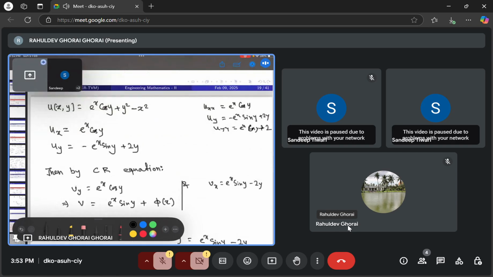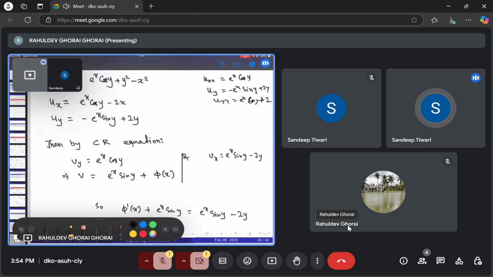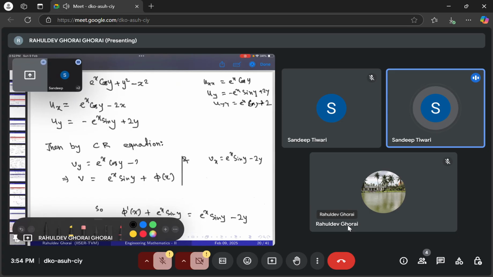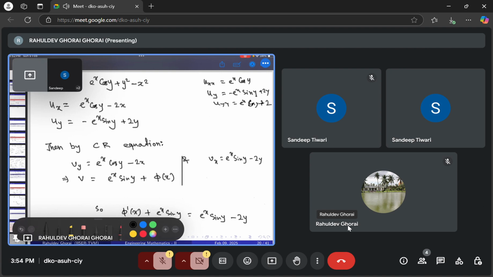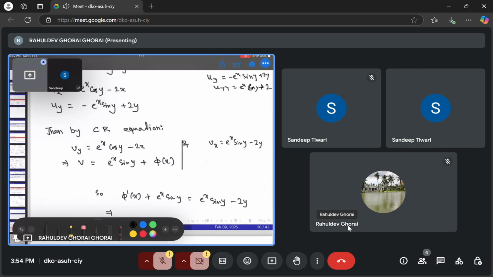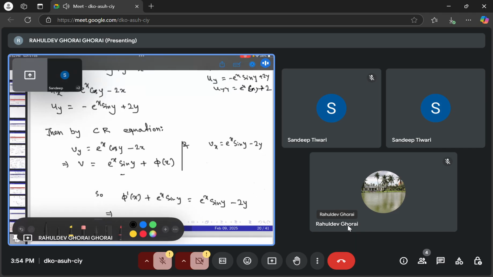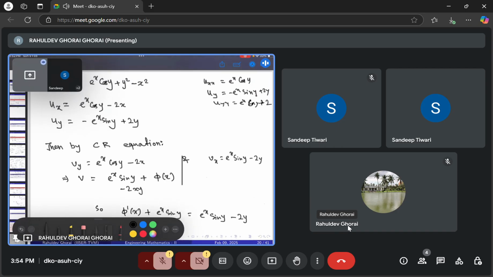Then ux will be minus 2x and uy will be the same. Then vx, and vy will be minus 2xy.